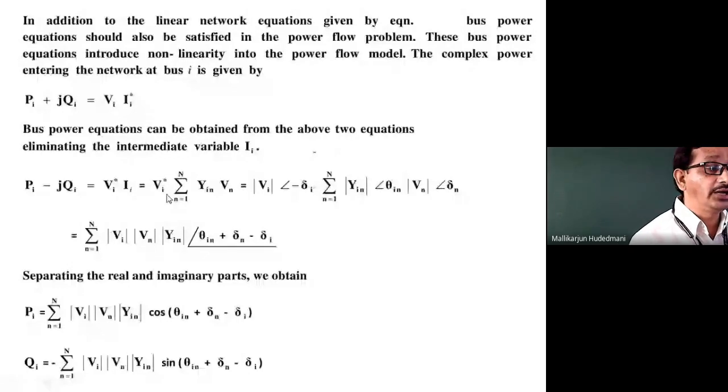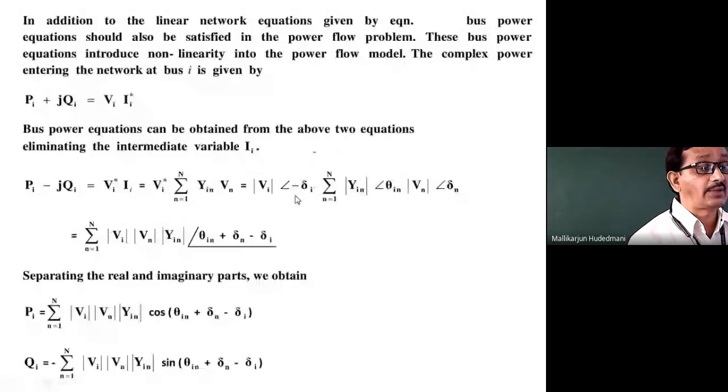When I take the conjugate of this vector, only the angle, or J term, will have a negative sign. Hence you will see minus delta I. This VI minus delta I is because of the conjugate taken on the voltage vector VI. If there was no conjugate and only VI was there, minus delta I would be plus delta I. That is the only change.